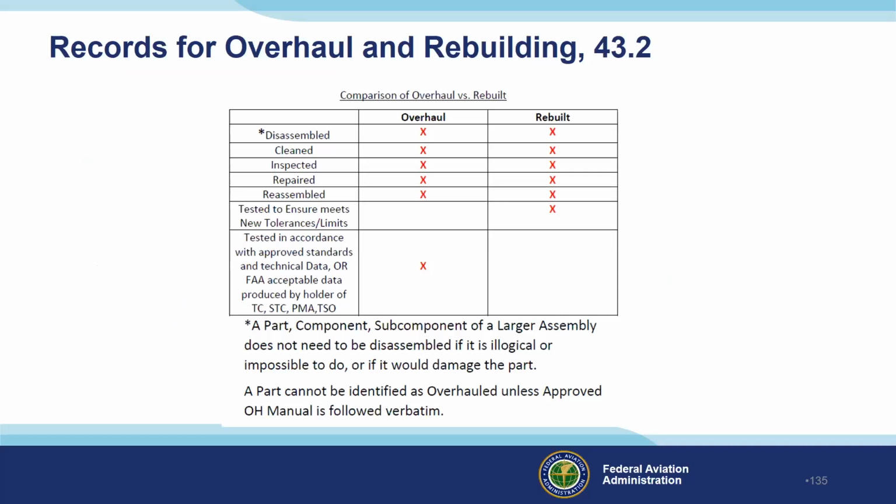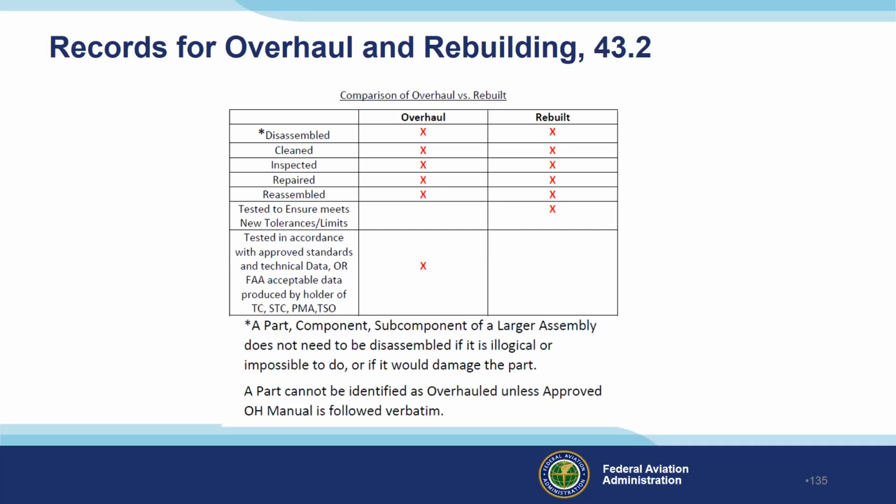An overhauled unit is tested in accordance with approved standards and technical data, or FAA acceptable data produced by the holder of a TC, STC, PMA, or TSO. But a rebuilt unit is tested to ensure it meets new tolerances and limits, so it meets new part specifications. That's the main difference.